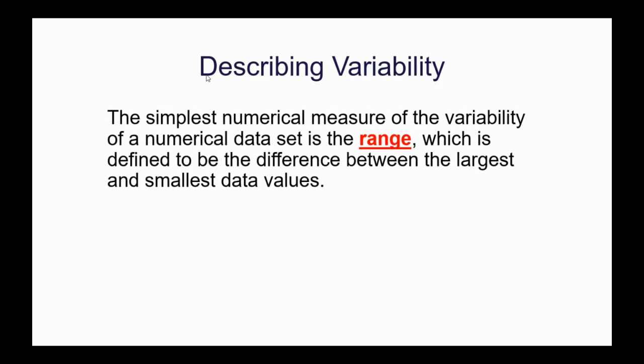How would we describe this variability? Well, the simplest and the easiest one to compute is the range. If we find the range, that's just the difference between the largest and the smallest values. I think we've already kind of touched on range a little bit already.